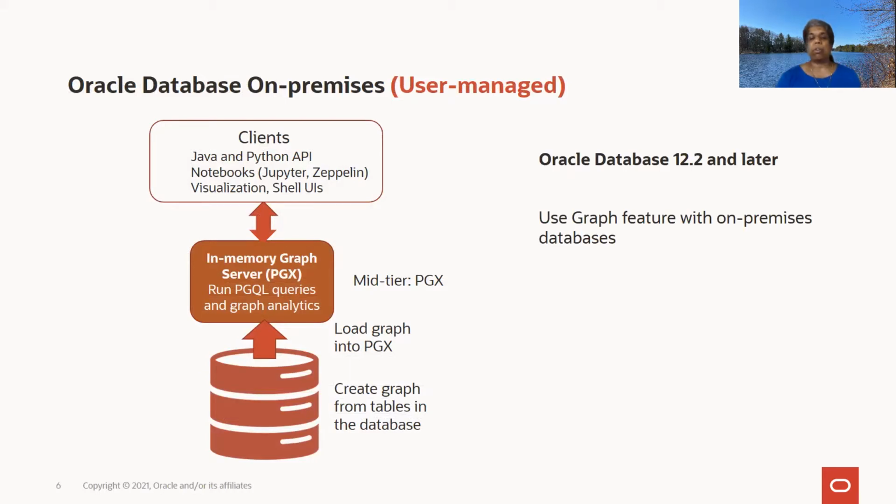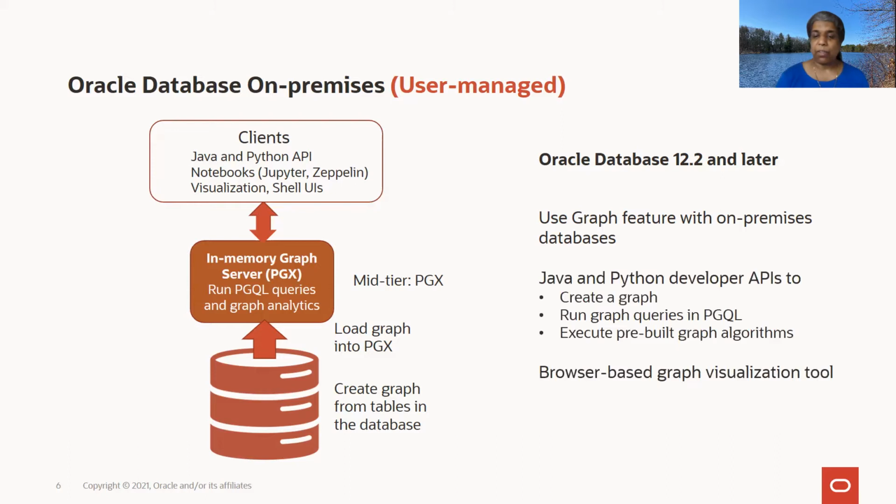And this works with Oracle Database 12.2 or later. So if you happen to have an older database version installed, you can still use that to get started with graphs. And once again, once you've installed the database and the graph components, you have access to the Java and Python developer APIs to create a graph, run graph queries, execute algorithms, visualize graphs, and so on.